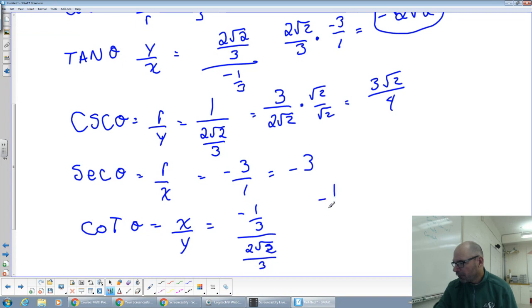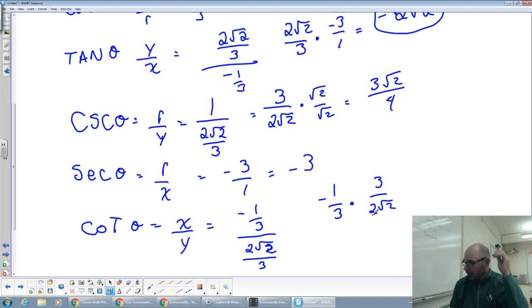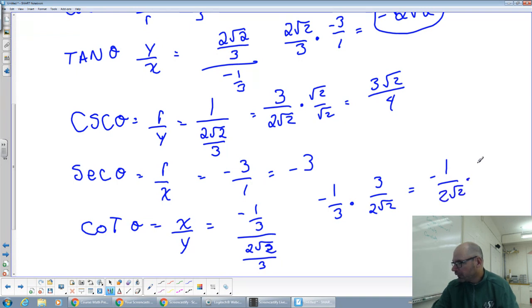So negative 1/3 times 3 over 2 root 2. Okay, we can cancel out the 3's and we get negative 1 over 2 root 2. So we're going to have to multiply by root 2 over root 2 to rationalize it. And we get negative root 2 over 4.